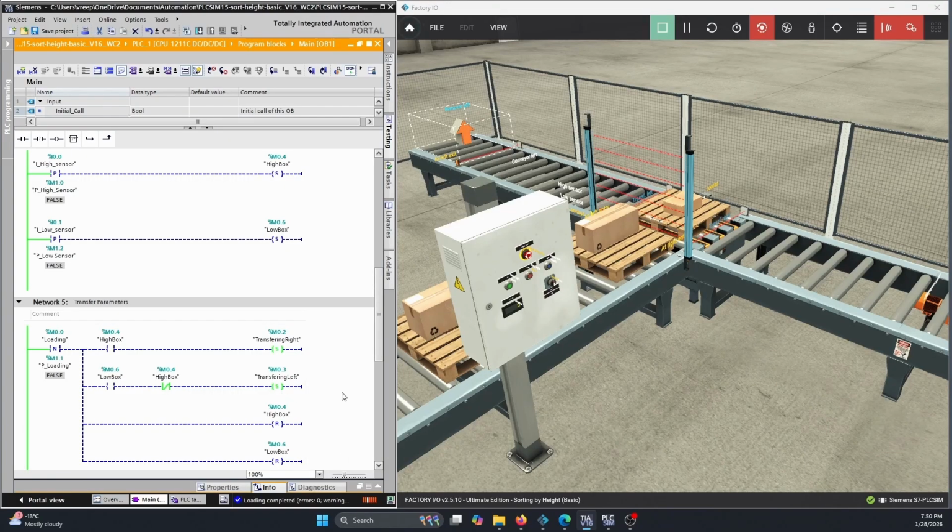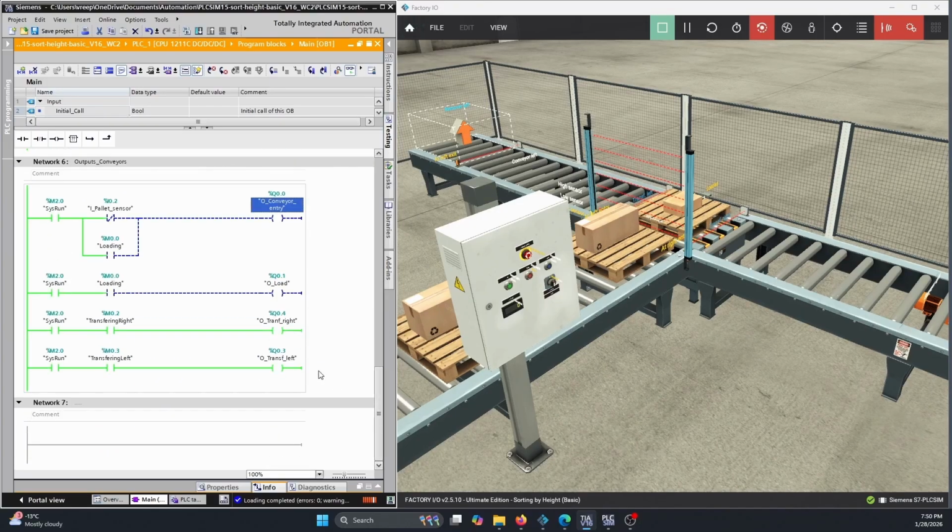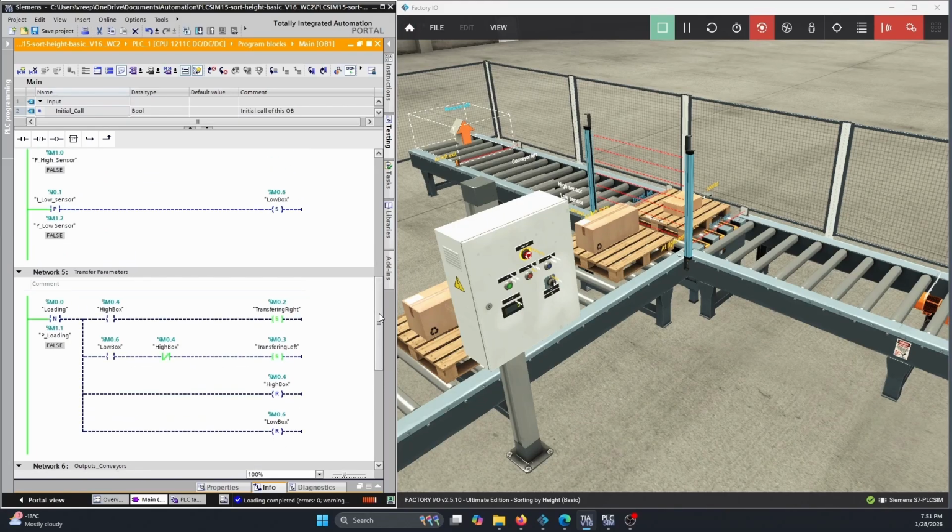So that's a conundrum because we don't have anything. That output is not actually turning on, right? There looks like both transfer left and transfer right are turning on at the same time. So we really need something like when Factory IO turns back on, we need something to reset those memory bits, right? So that we can move forwards here.